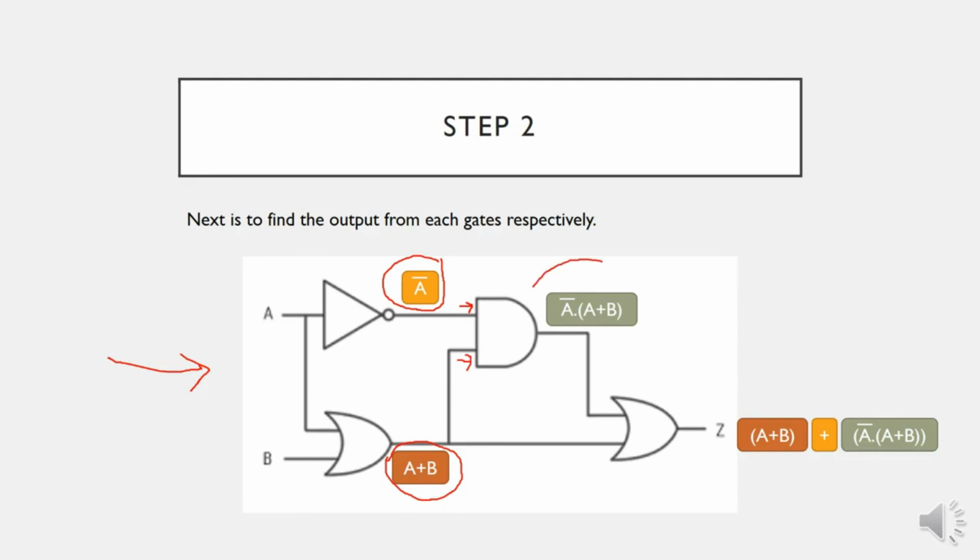Finally, the output of the AND gate and A OR B go into the last OR gate. The output Z equals (A OR B) OR ((A OR B) AND A bar). This is the final output for this logic circuit.